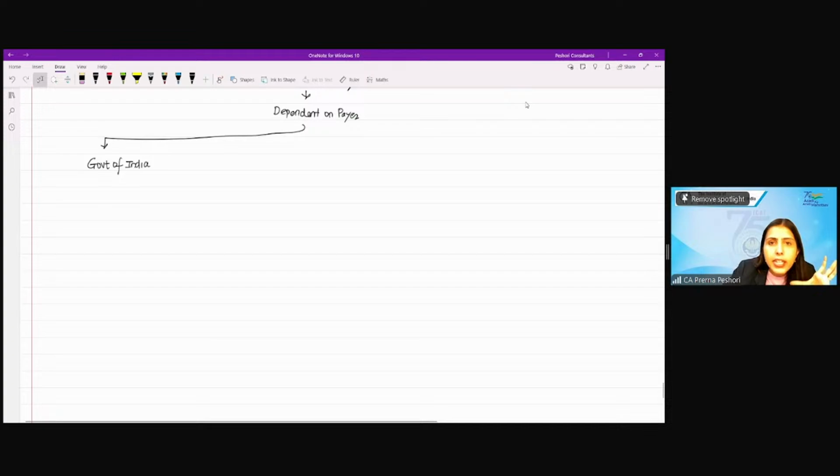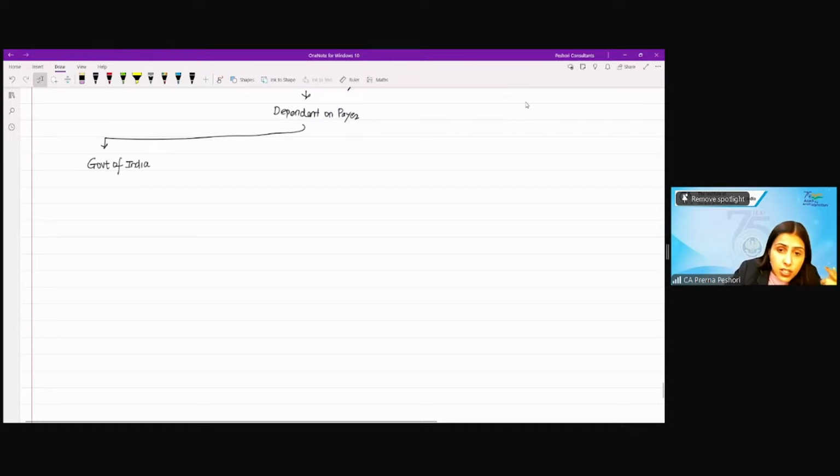Isn't it? The entire section 9 is concerning the recipient of the income who is a non-resident having the source of income in India. Right? We are trying to identify whether the income accrues or arises or is deemed to accrue or arise in India. That is the basic concept of section 9. So the payee here is a non-resident always. Here we are talking about whom he is receiving the payment from.